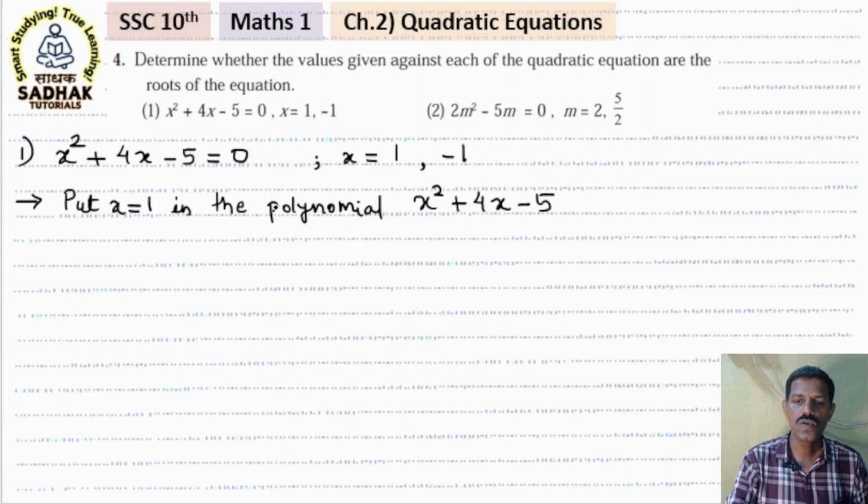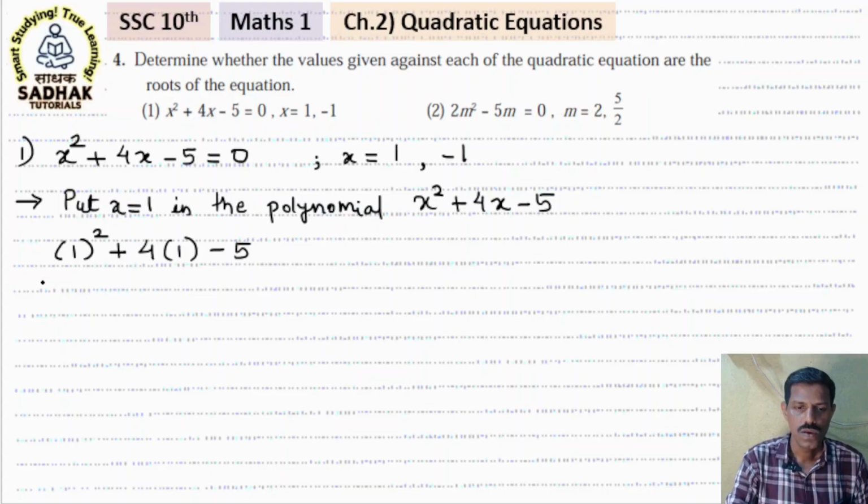So in this polynomial we have to put x is equal to 1. X is equal to 1 means what? Wherever we have x, we have to put its value as 1. So first we have x square, so there we will write 1 square plus the second term is 4x, so that will be 4 multiplied by 1, and the third term is minus 5.